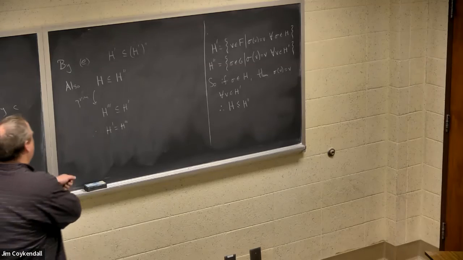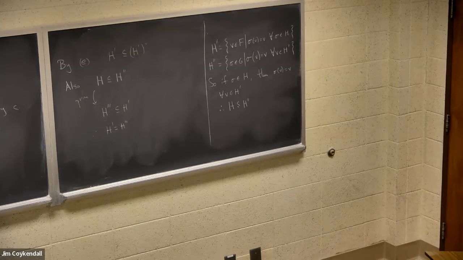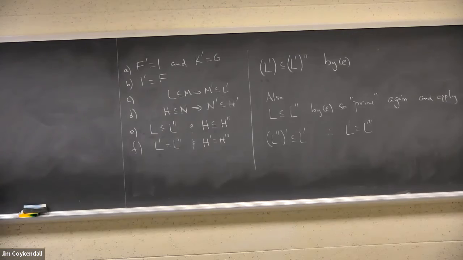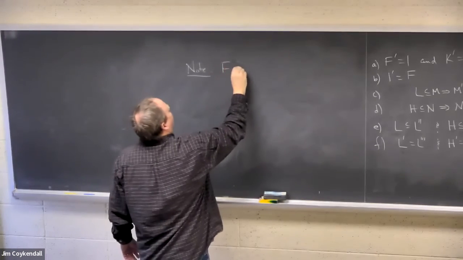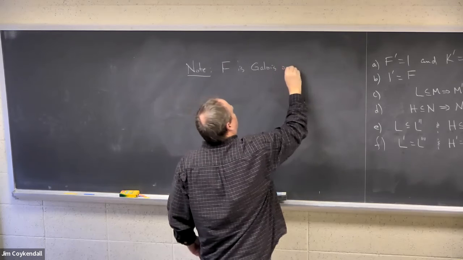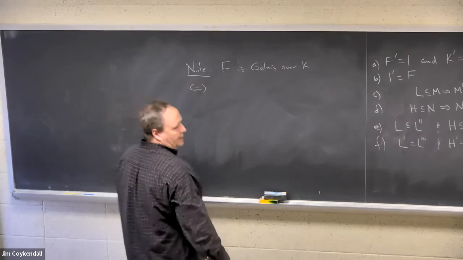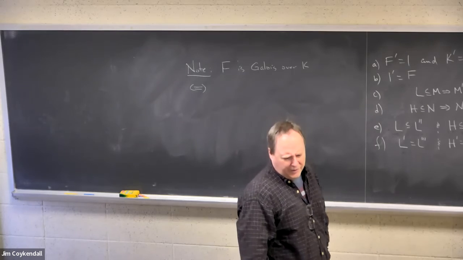It's probably worth mentioning here that F is Galois over K if and only if K is equal to its double prime.